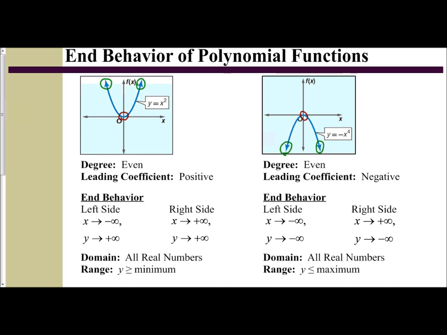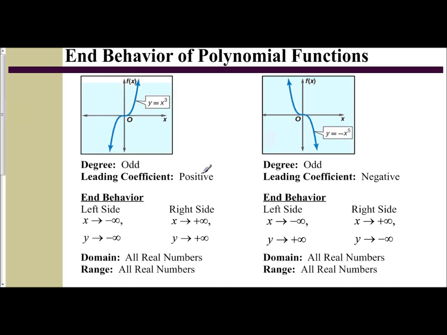Let's examine our odd degree functions with positive and negative leading coefficients. If we have a positive leading coefficient for an odd degree function, it's going to fall to the left and rise to the right. If we have a negative leading coefficient, it's going to rise to the left and fall to the right.